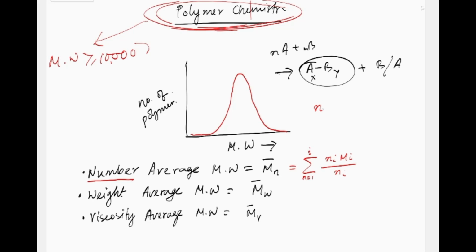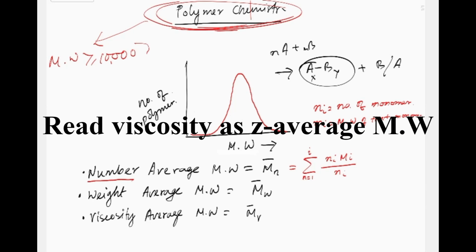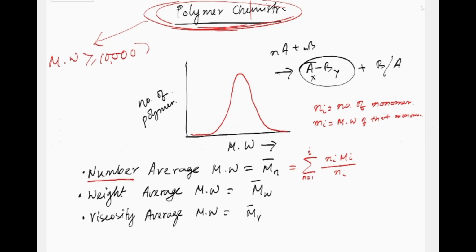Ni is nothing but the number of the ith monomer, and Mi is the molecular weight of that ith monomer. If there are 2 monomers, you have to calculate accordingly. You have 3, 4, 9, n number of monomers, then we have to use this formula.